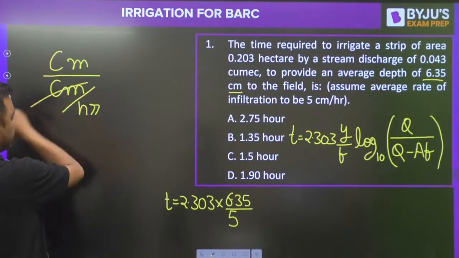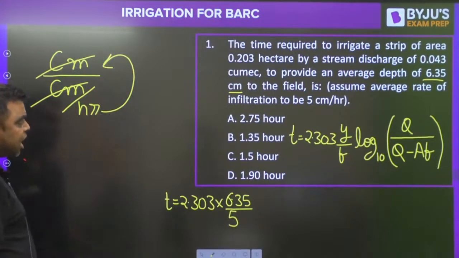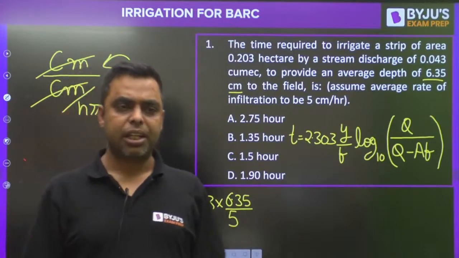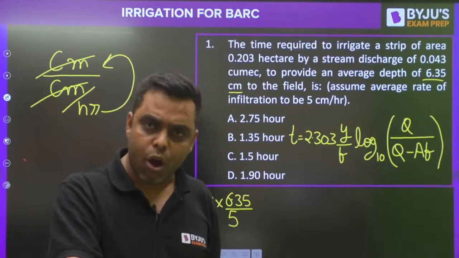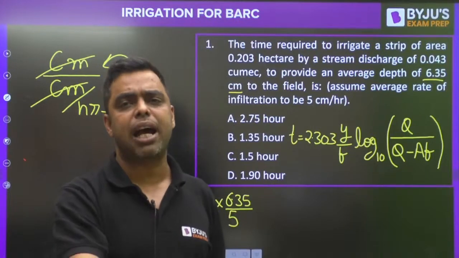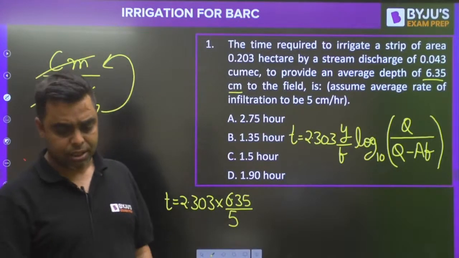So this centimeter will get cancelled and this hour will come at the top. So whatever is the unit of my infiltration rate, the denominator of that infiltration rate will be affecting the unit of answer.